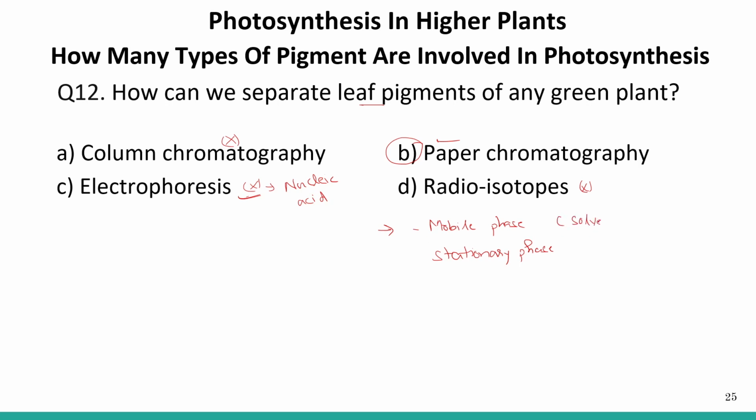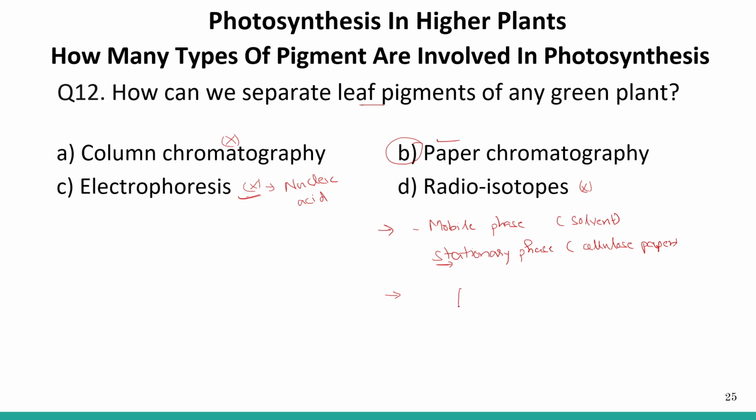Mobile phase is the solvent, and the stationary phase is the cellulose paper. Now what is the criteria of the separation? The chemicals which are mixed in the solvent are separated as they move along the stationary phase.